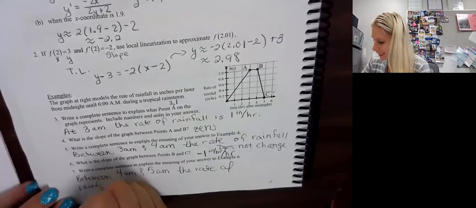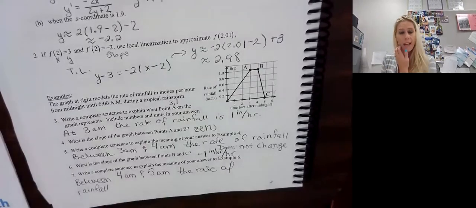Now, I'm not going to say negative. What does negative represent? It means decreasing. So the rate of rainfall decreases 1 inch per hour squared.